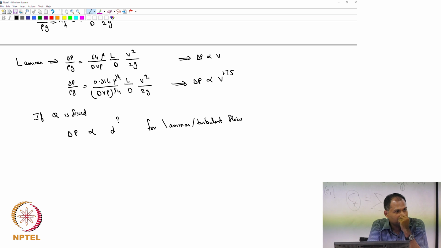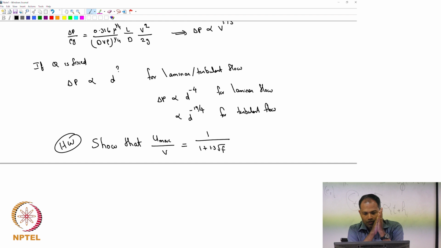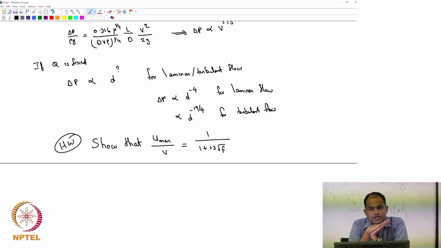What is going to be the dependence of pressure on diameter or radius? Are you following what I'm saying? Just look at those relations and see what the area dependencies are. So you will see that it goes as D to the power of -4 for laminar flow and close to -5 for turbulent flow.